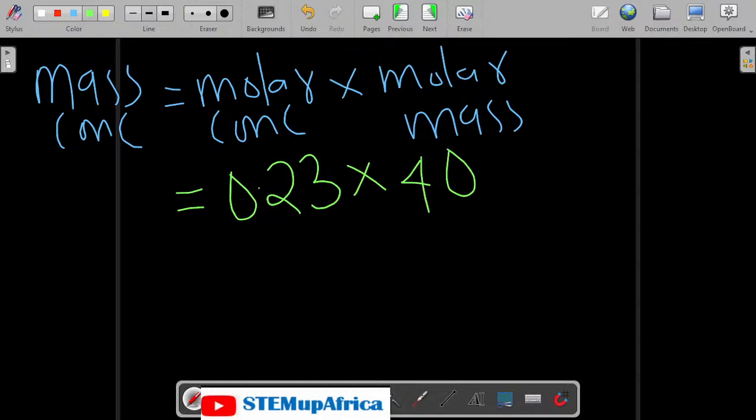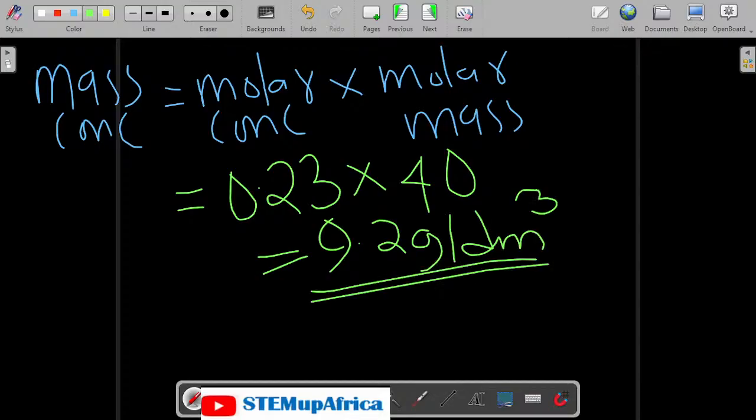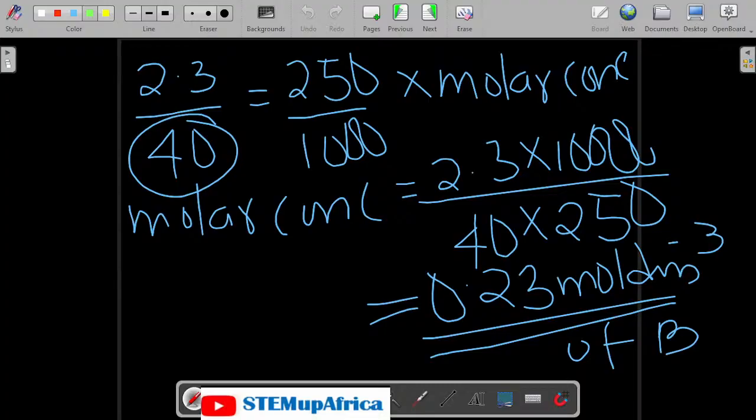The two data are there already. All you need is to multiply 0.23 times 40. That will give us 9.2 grams per dm cube. This is now the mass concentration of the base, 9.2 grams per dm cube.